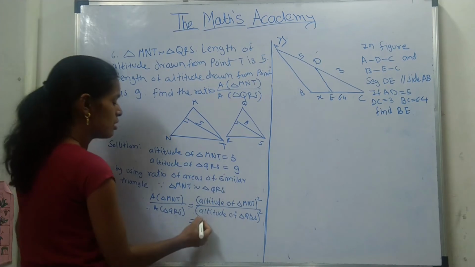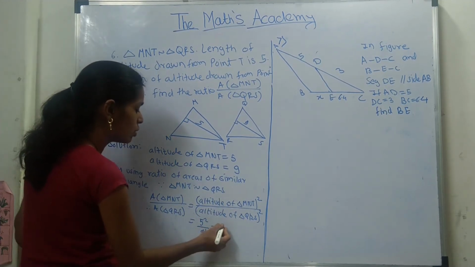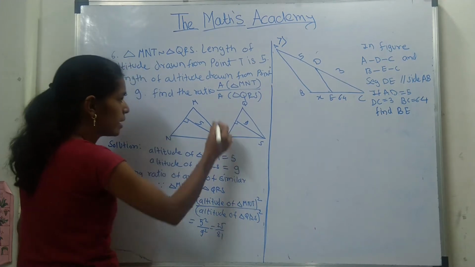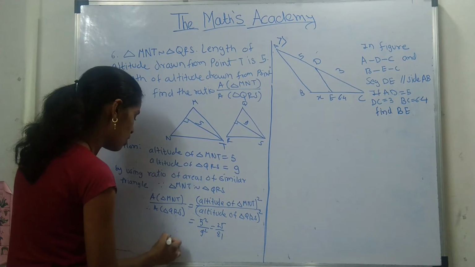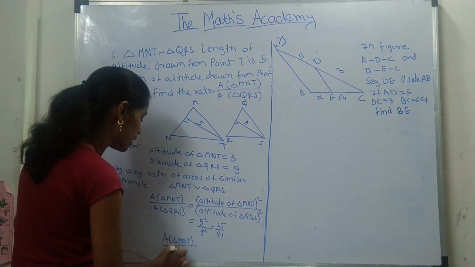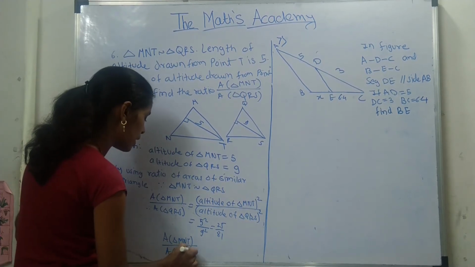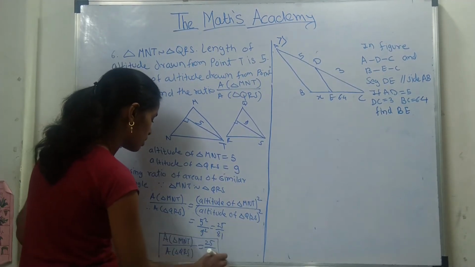Altitude of MNT is 5 square upon QRS is 9 square, so it is equal to 25 upon 81. And hence the value of this ratio, that is area of triangle MNT upon area of triangle QRS, is equal to 25 upon 81, and hence the solution.